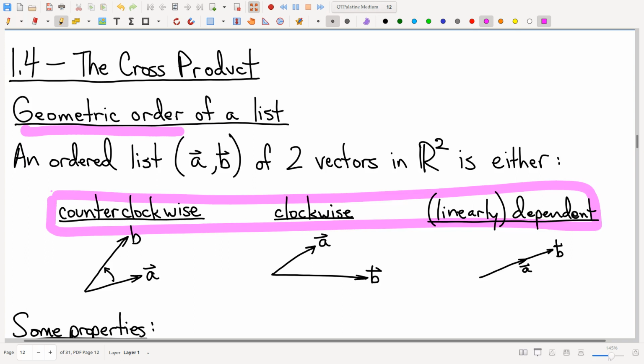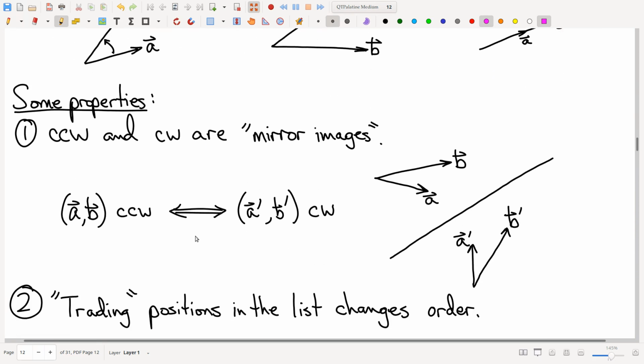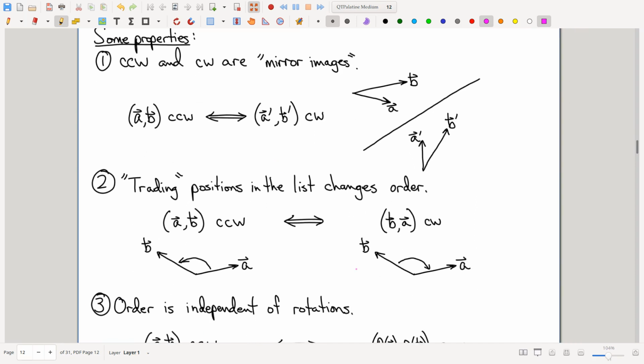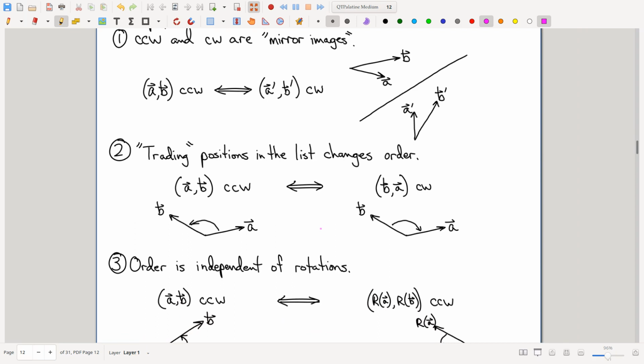Okay. All right. Now, real quick, this is all pretty satisfying, I think, but there are some nice properties you can notice of this idea of geometric order of a list. First of all, they're mirror images of each other, right? Counterclockwise and clockwise are reflections of each other. Look in the mirror and look at a clock, it's going the wrong way.